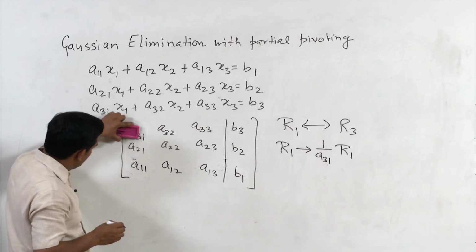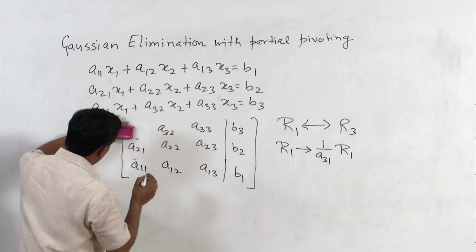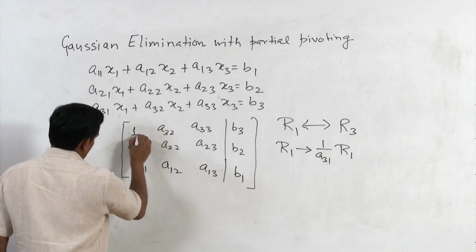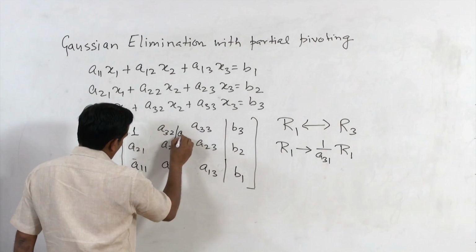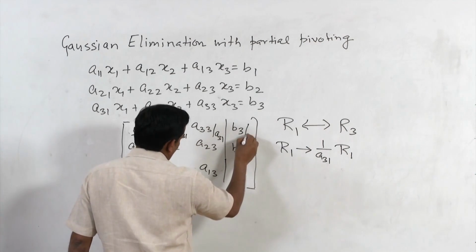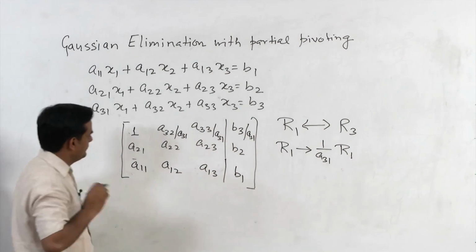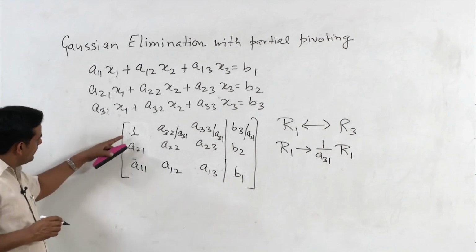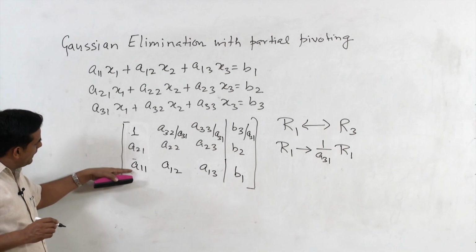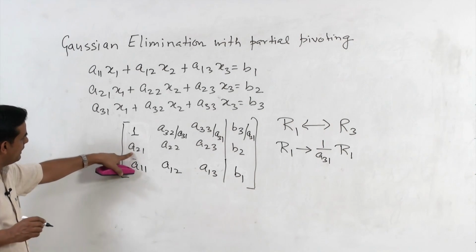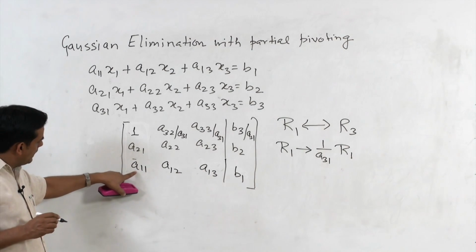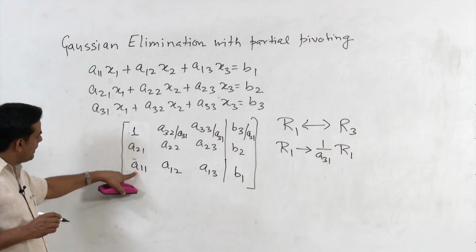So, this element will become 1, this will become a32 upon a31, and this will become a33 upon a31. Now, with the help of this first equation, I will make these two elements 0, that is the element in the first column of the second row and the element in the first column of the third row.